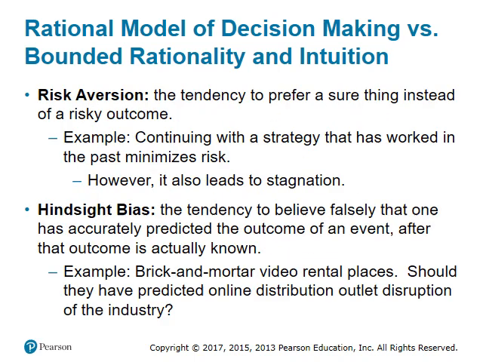Another bias is risk aversion. This is the tendency to prefer a sure thing instead of a risky outcome. Risk aversion has important implications. Risk-averse employees will stick with the established way of doing their jobs rather than take a chance on innovative and creative methods.